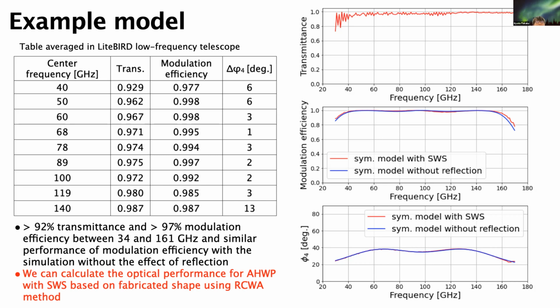As a conclusion, even with complicated structures on the surface, we can calculate the optical performance of the achromatic half-wave plate. This is the numerical calculation, and this can be useful for future development.